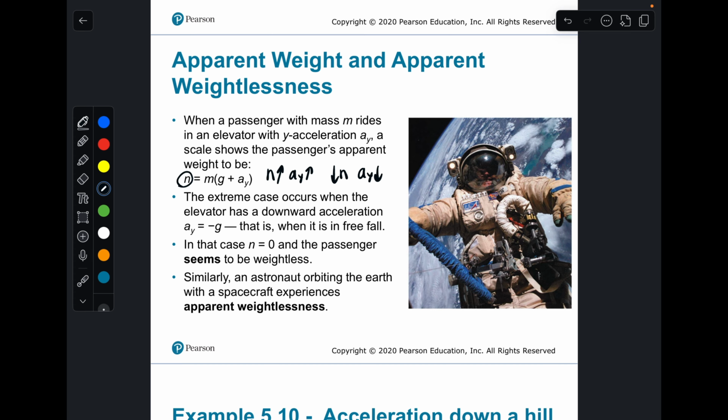This is what happens when satellites or even astronauts orbiting the Earth have moments of experiencing apparent weightlessness, because they are essentially in free fall heading towards the Earth and thus are floating in space.